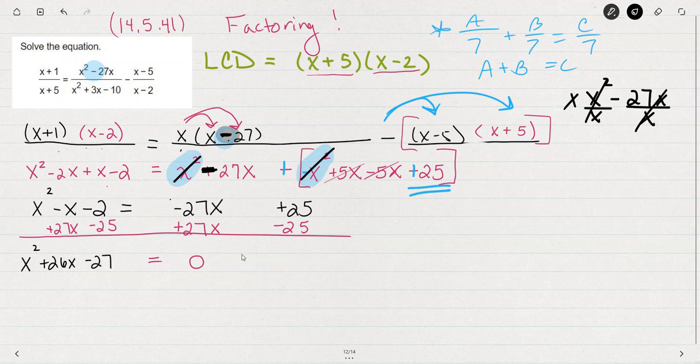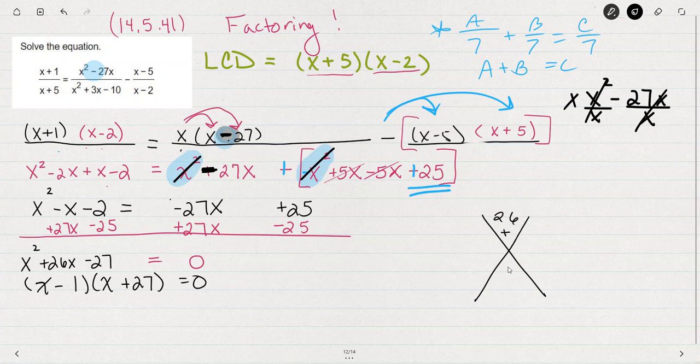Do you remember how to solve this from here? I know it's a lot of steps here. This was a pretty involved problem, but what we've got to do next is factor this. So we'd have x minus 1 and x plus 27. Do you see how I factored that? I was looking for two numbers that when I add, I get 26, and when I multiply, I get negative 27.